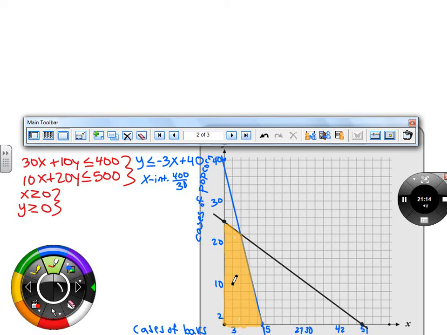So this would represent me making a decision to sell 3 cases of candy bars and 10 cases of the popcorn jars. Okay? That would be fine, and I would make some amount of money. However, to maximize the amount of money, we want to look at the most extreme cases. We want to push the boundaries to their limit. So the extremes are the vertices of this quadrilateral that we're looking at.